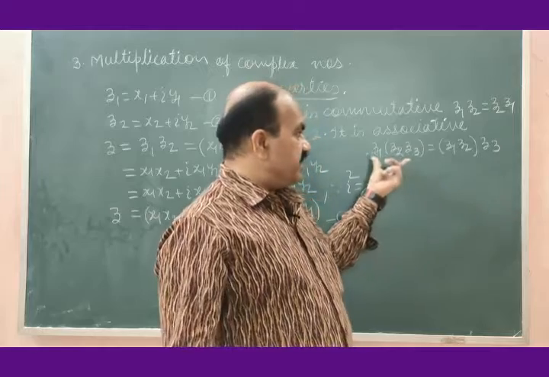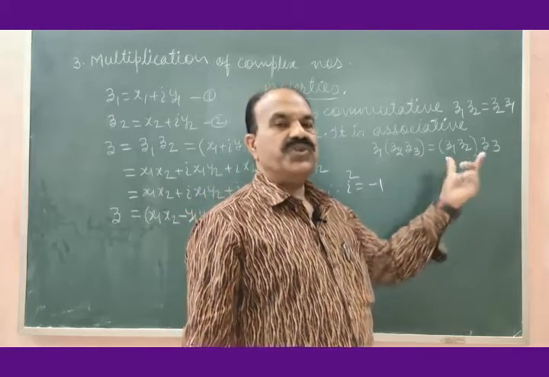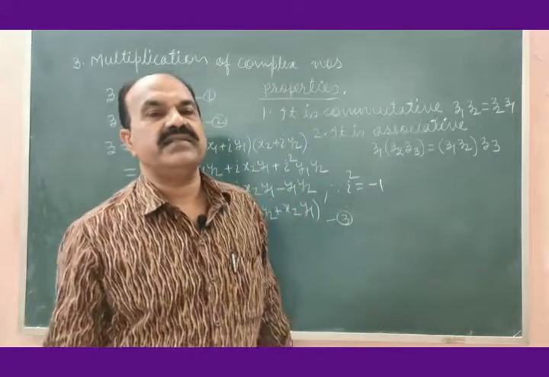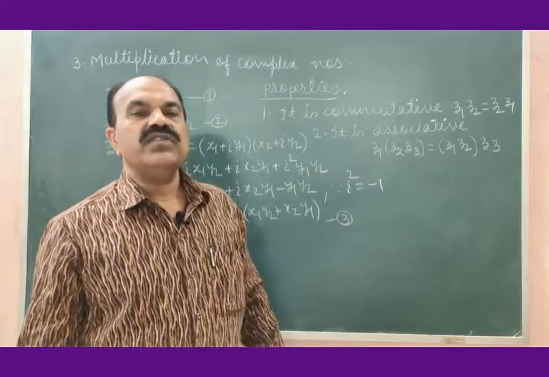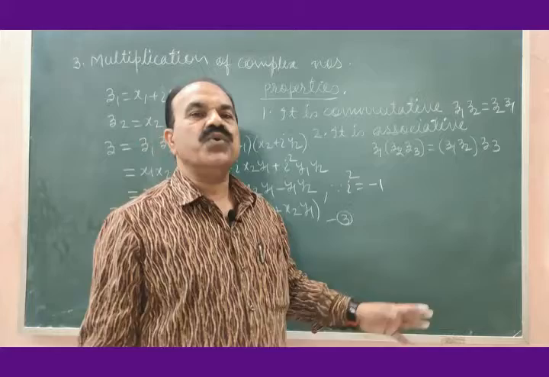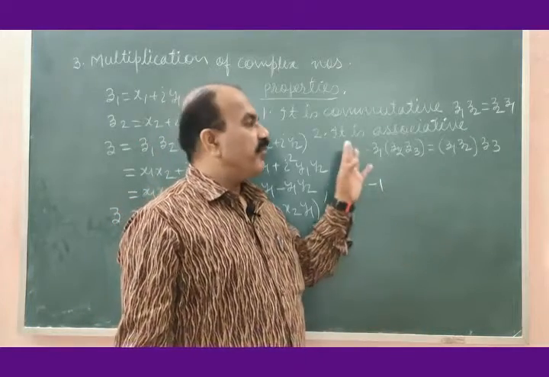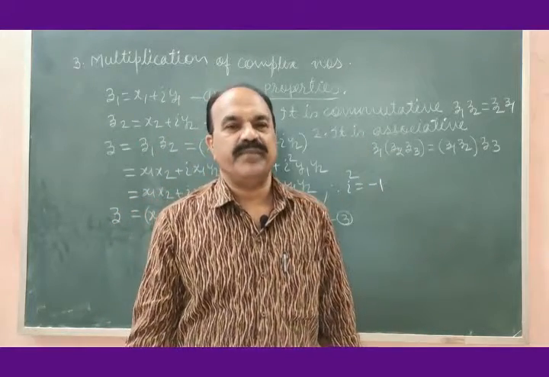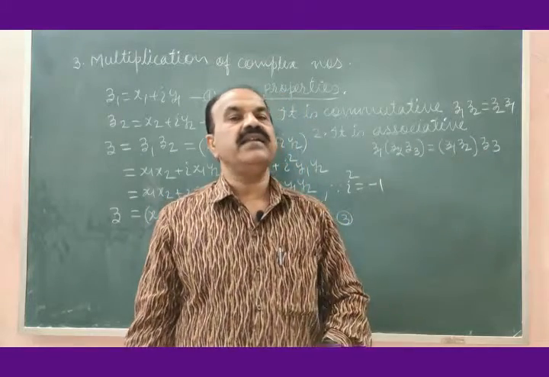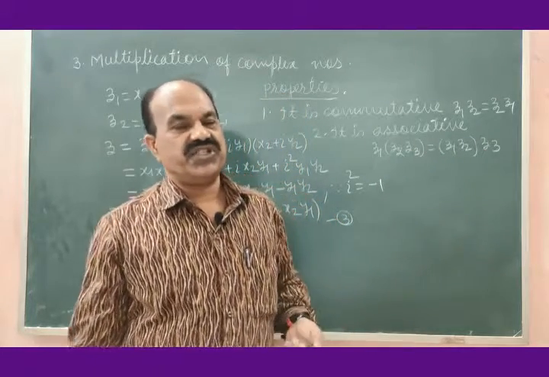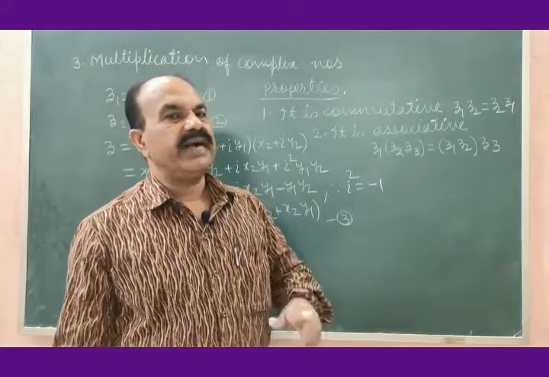If this result is always equal to this result, it means that the law of association is obeyed by product of complex numbers.